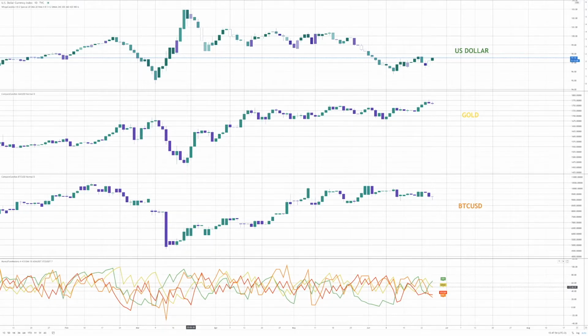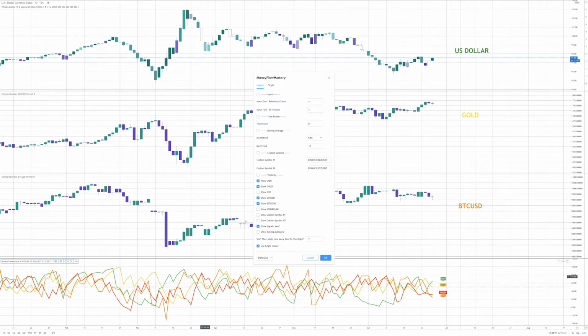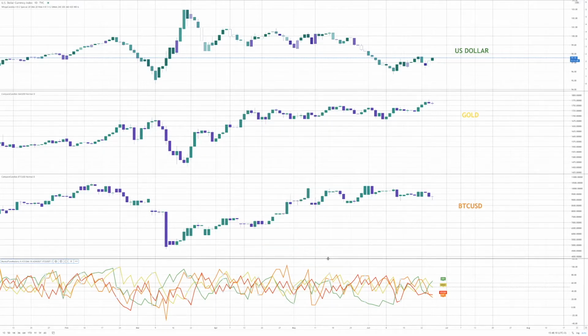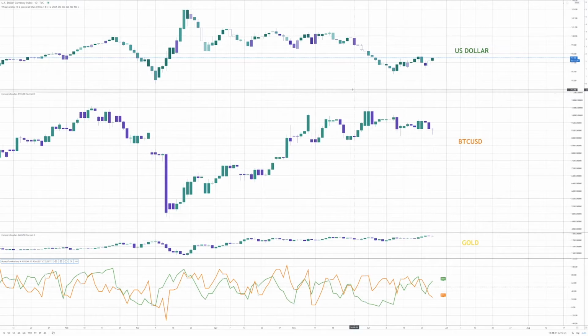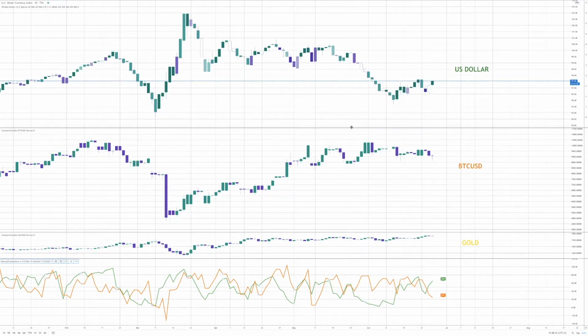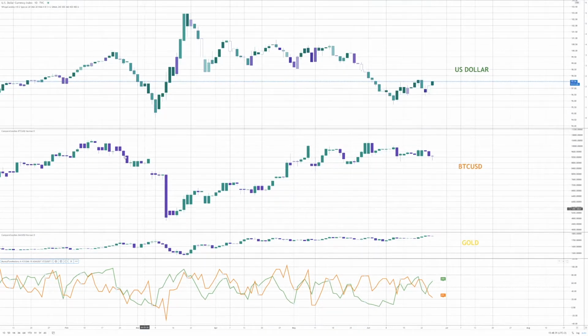And then the next time we have the US dollar starting to weaken here. I'm going to turn off gold and the S&P, so we're just going to have US dollar versus Bitcoin. We'll shift this one up and make it smaller.